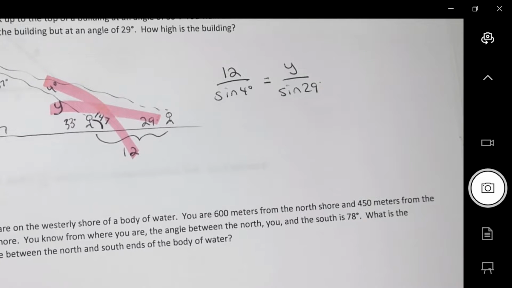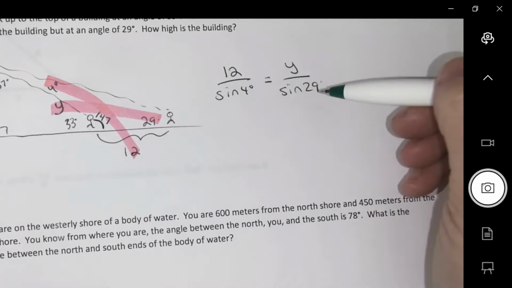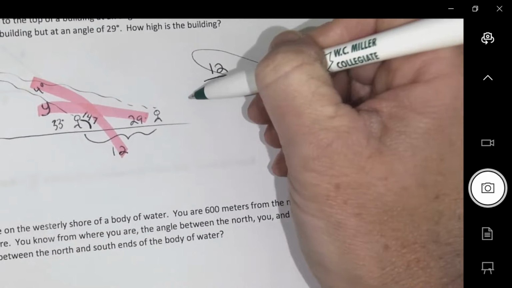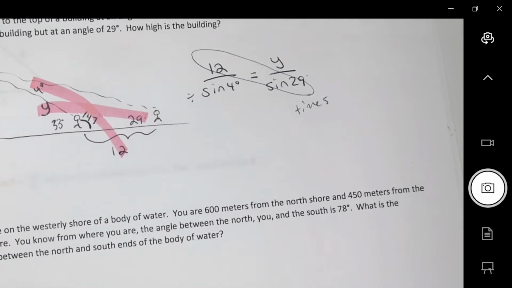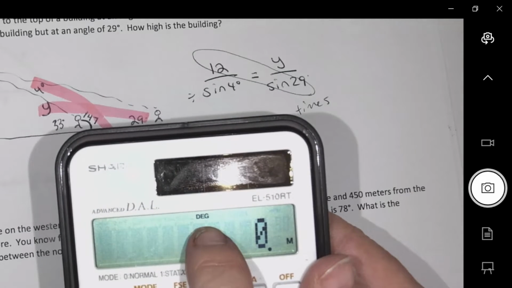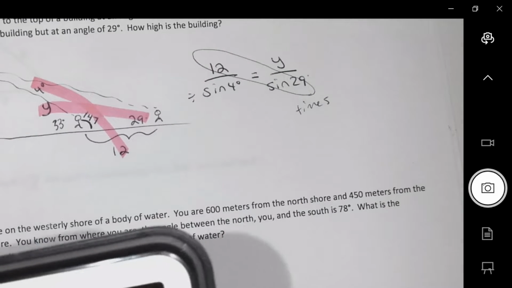Do we remember how to type this in our calculator? We're going to times and divide. Remember doing that? And I better double check. My calculator says degrees. On my exam, I'll try to remind you just to double check your calculator setting.